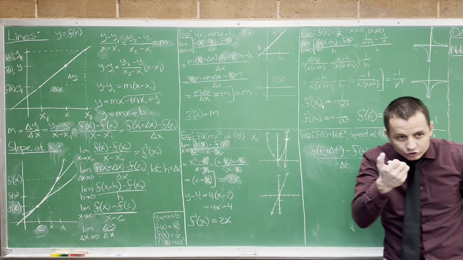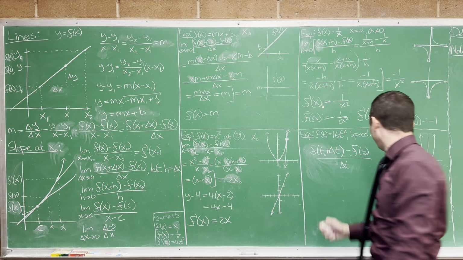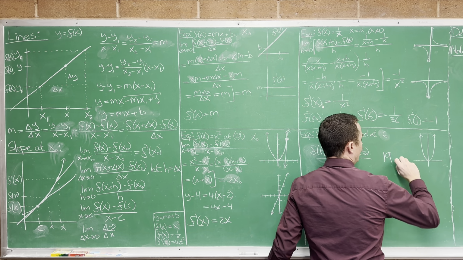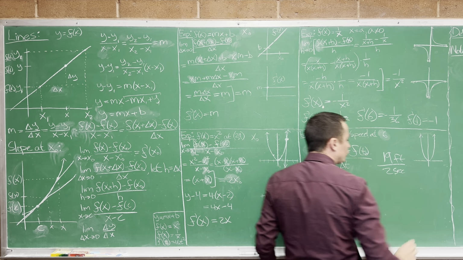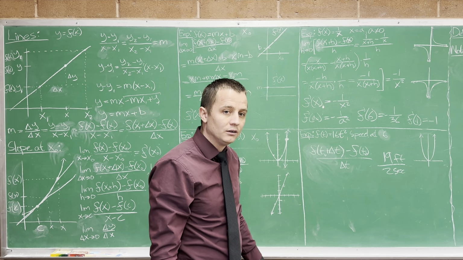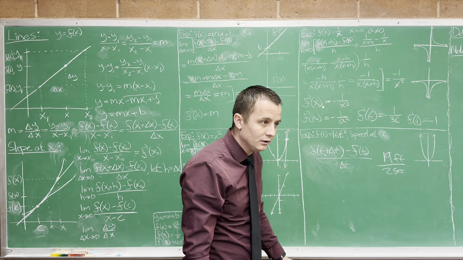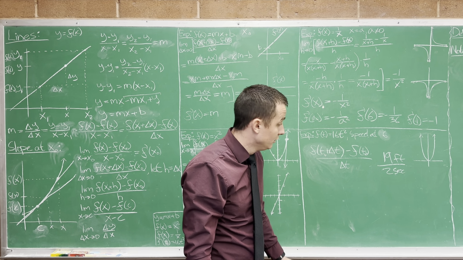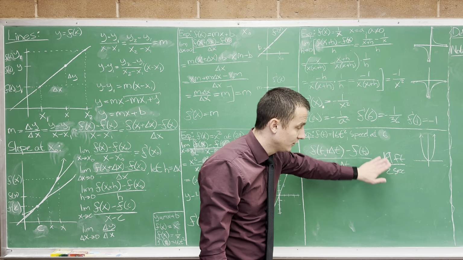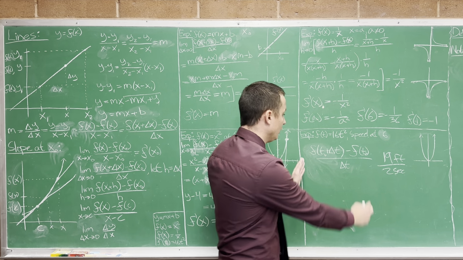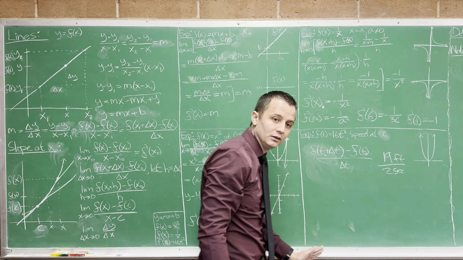If you're running and I measure your speed for 2 seconds, and in 2 seconds you went 19 feet, what's your speed? Whatever that is. 9.5 feet per second. This divided by this. So here's your displacement over this amount of time.